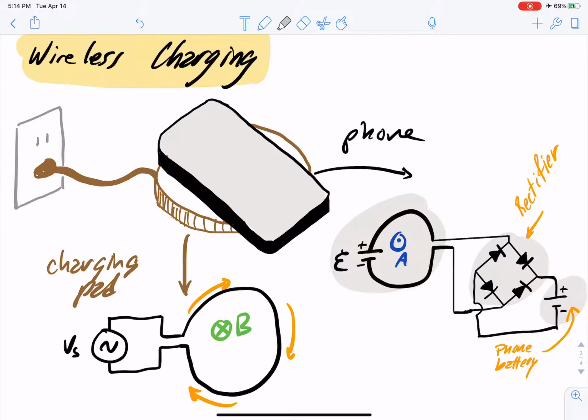It's not very complicated. Essentially, it's two loops, one in the phone and one in the charging plate. The one in the charging plate produces a magnetic field that pierces the other one and causes induced voltages.